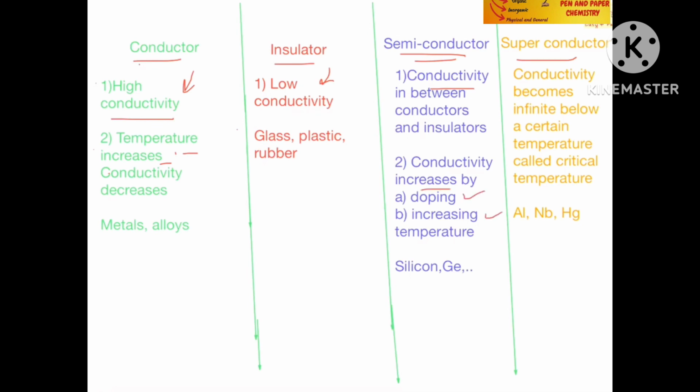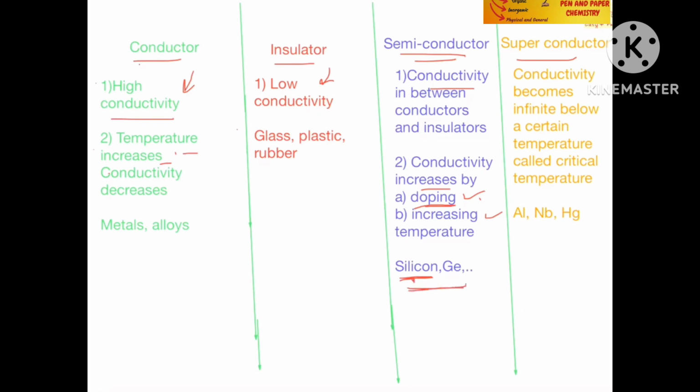Semiconductor, that means their conductivity is in between those of conductors and insulators, but we can increase their conductivity by 2 ways: doping, that is by adding an element having lesser number of electrons or more number of electrons. That means if you are talking about an element from group 14 of the periodic table, then if you add some element from group 15 of the periodic table, you will have different types of semiconductors.